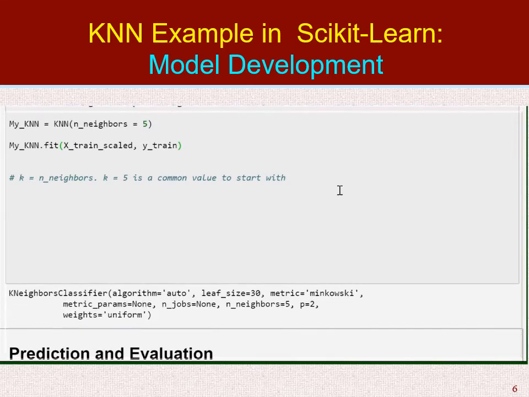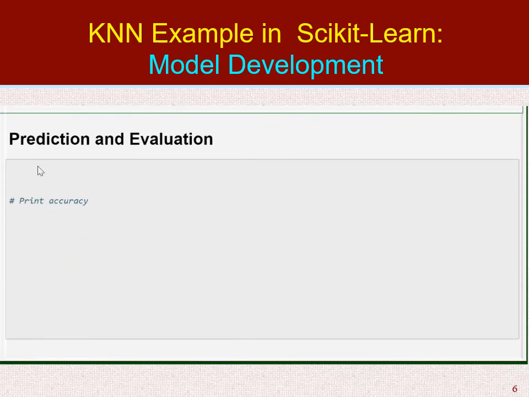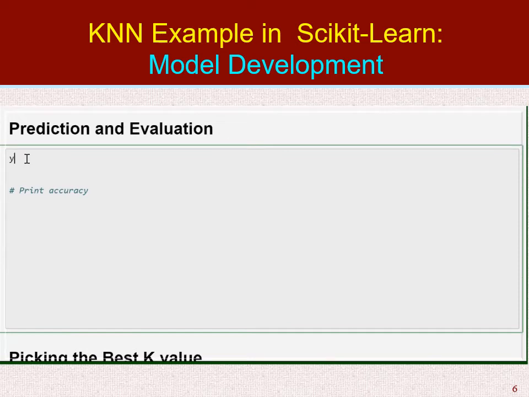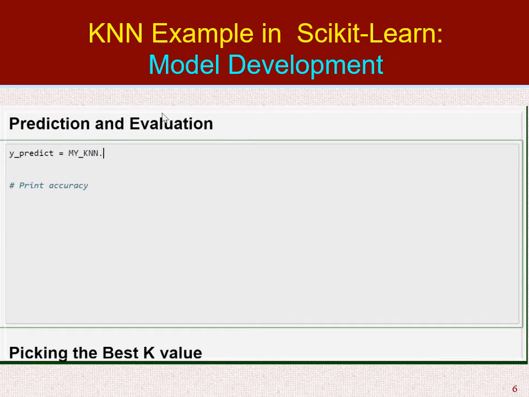Now our model is trained, and it's ready to make a prediction. So let's go ahead and make a prediction here. I'm going to call our prediction y_predict, and then I'm going to call my KNN to make a prediction on the test data, X_test, and I'm going to give it the scaled data.